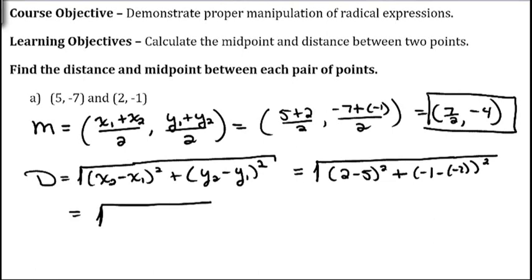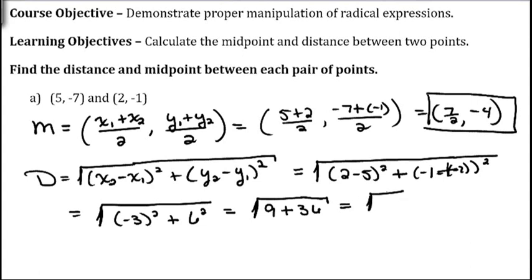So we have the square root, and 2 minus 5 is negative 3 squared, plus negative 1 minus a negative 7, so that becomes addition, and negative 1 plus 7 is 6, so we have 6 squared. Negative 3 squared is 9, and 6 squared is 36. So we get the square root of 45.